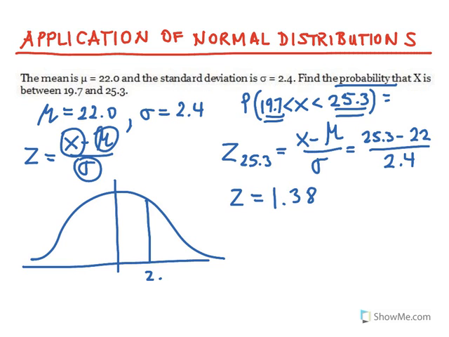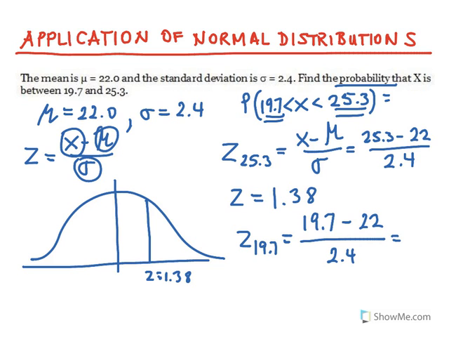Let's find the z of 19.7. That's 19.7 minus 22 over 2.4, and that z would be equal to minus 0.96.